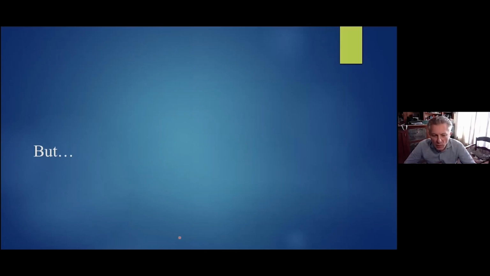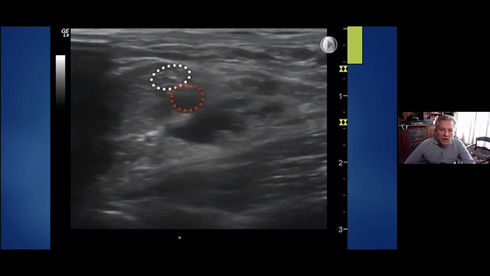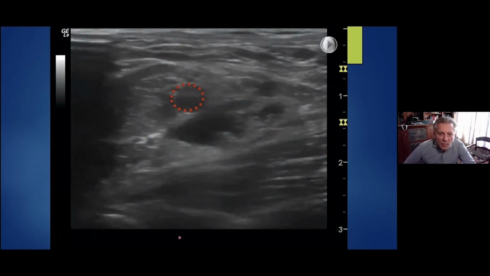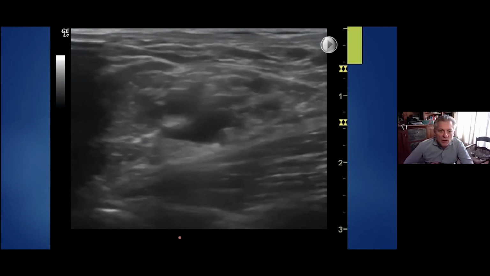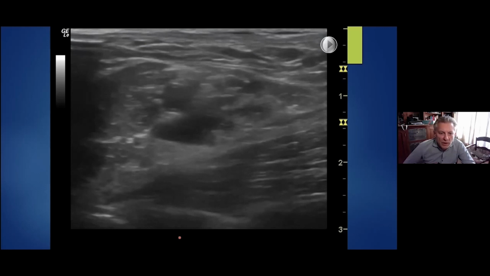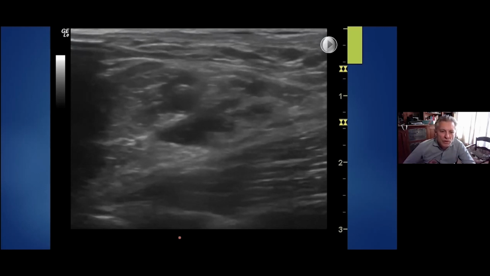But I will show you now a movie of an axillary block. You will see in red the axillary artery and in white the median nerve, and it is an out-of-plane approach. The needle is not visible, but you see the pressure of the needle going in between the nerve and the artery. Then there is an injection in between both structures.